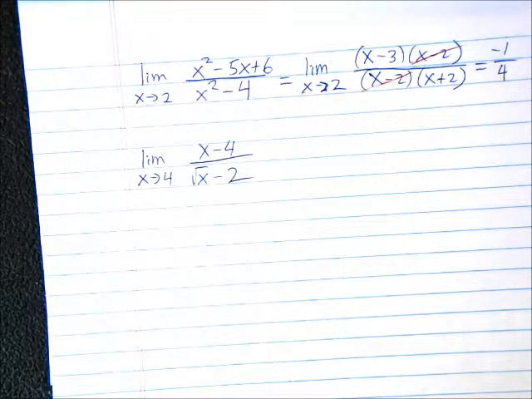What's the bad stuff? I get 0 on the bottom, and it turns out I also get 0 on the top. And that's actually important, that you have 0 on top and 0 on bottom. If you have a different number on top and 0 on bottom, something completely different happens. All right, well, we should be able to do some algebra and make stuff reduce. Anybody got any algebra for me?